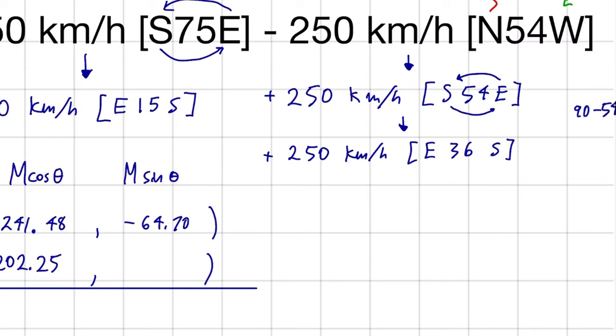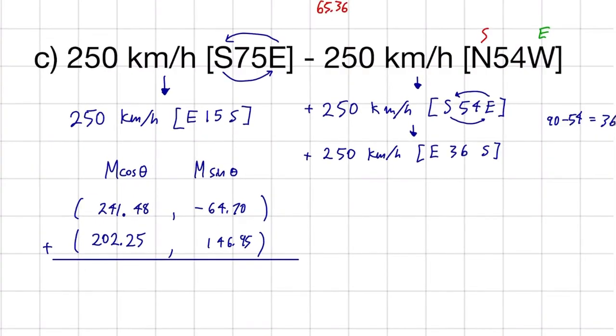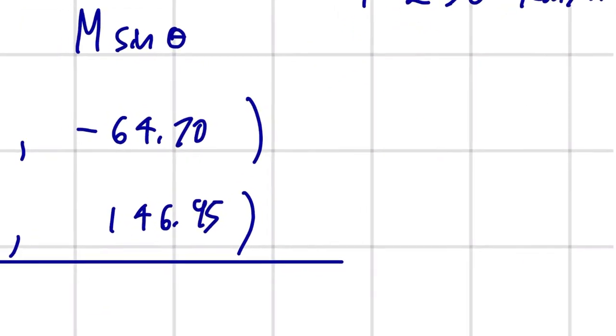And in the north-south direction, 250, its magnitude, multiplied by the sine of 36, that's equal to 146.95. And because this is south, this is going to be a negative.